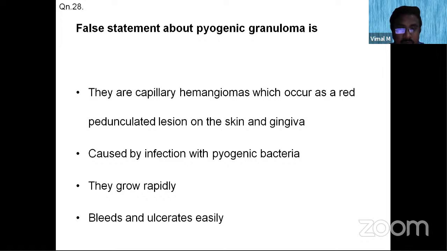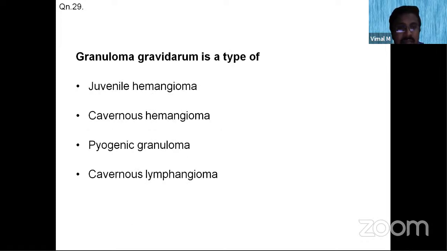So these are the four options. And let us see the other question. Granuloma gravidarum is a type of: juvenile hemangioma, cavernous hemangioma, pyogenic granuloma, cavernous lymphangioma.